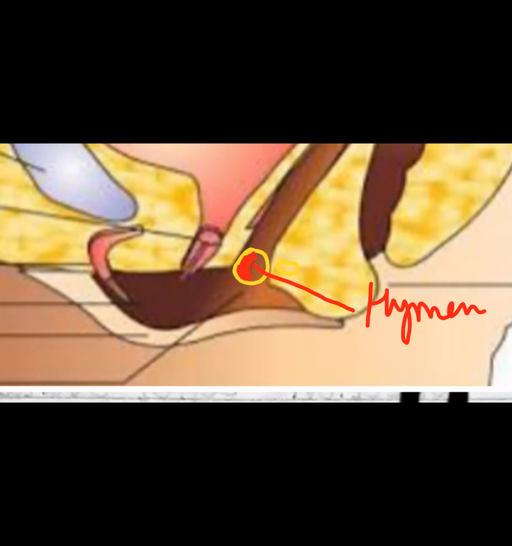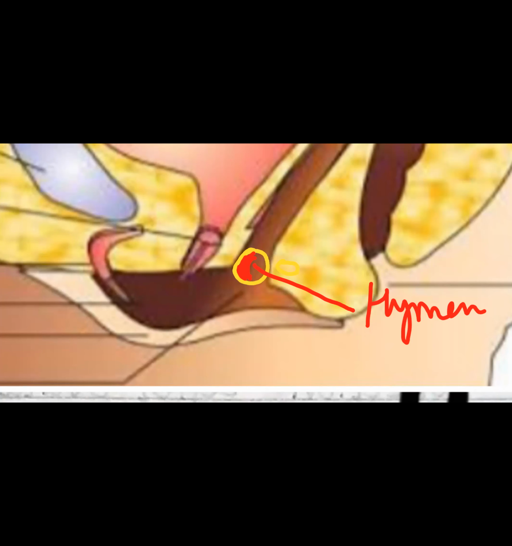Another possibility is that even after the first coitus, it may persist and may not be damaged. So both possibilities may be there. But the second thing is that it can be ruptured in other ways too, for example a sudden fall or jolt.